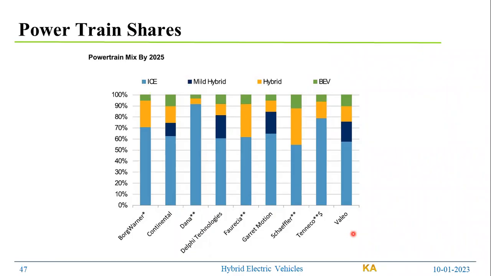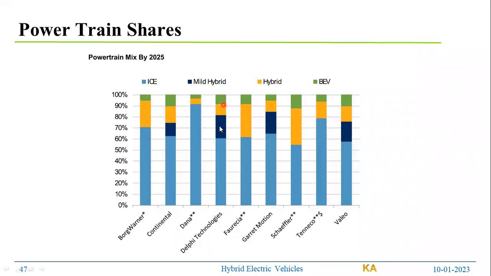BorgWarner, Continental, Dana, Delphi, Faurecia, which is now combined with Hella, Garrett Motion, Schaeffler, Tenneco, and Valeo. By 2025, for example, BorgWarner provides a power mix of 70% IC engine, 25% hybrid, 5% EV.